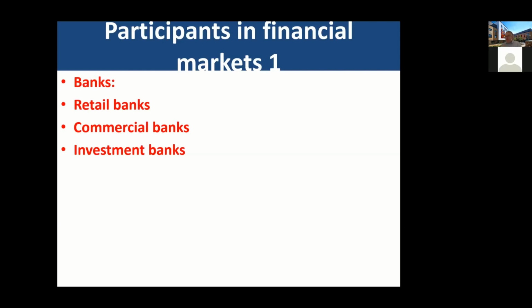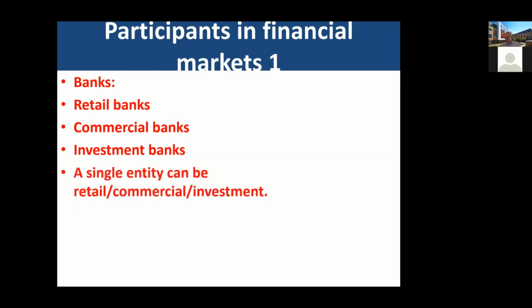One thing to be very clear of is that it is possible for one institution, one entity, to be all three together. So it could be a retail bank, it could be a commercial bank, and it could be an investment bank. So an example of that here in the UK would be Barclays. It provides all three kinds of services, as does HSBC.